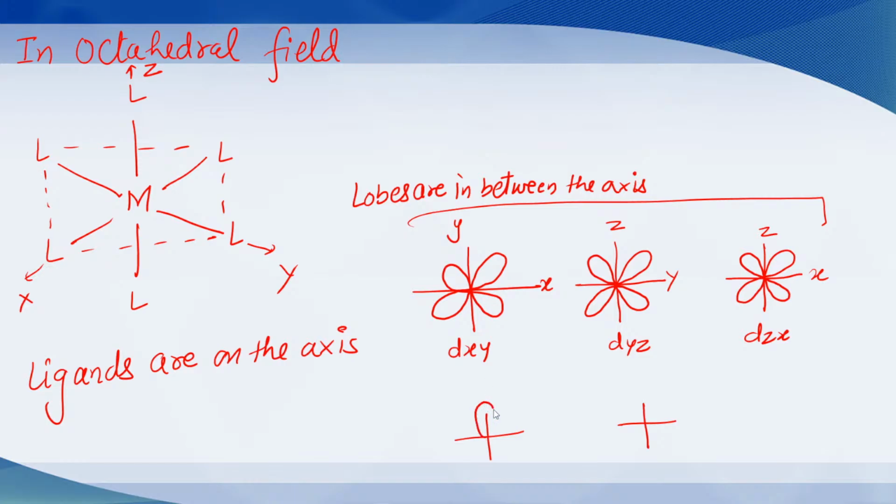But in case of dx square minus y square and dz square, lobes are on the axis.